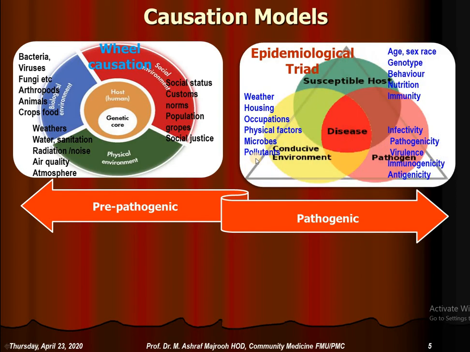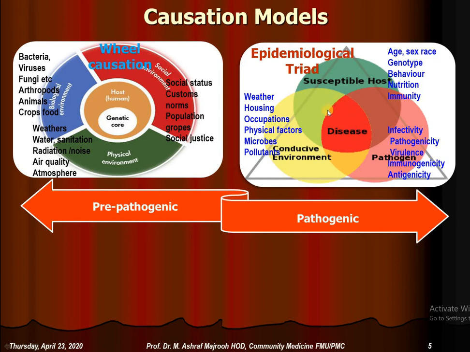And the other model, which is the infectious disease model, is commonly known as the epidemiological triad. This triad explains that the disease is caused by the mutual interaction of susceptible host, environment, and pathogens.